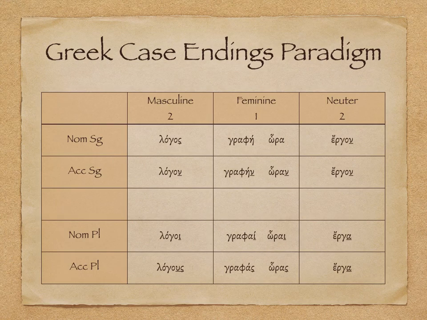Let's take it a step further. We've looked at endings. We've looked at endings with stem vowel, and now we can look at how these endings take shape in an actual word. Logos, graphe, chora, ergon. Notice the masculine, logos, logon, logoi, logus.